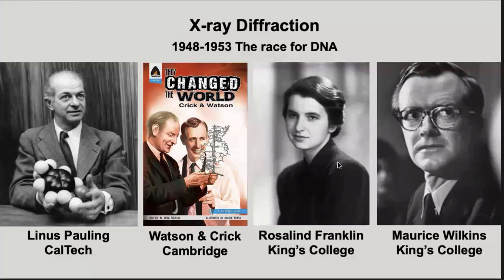And then, without Rosalind Franklin's knowledge, Maurice Wilkins gave a copy of her X-ray data to Watson and Crick. And the story or the rumor is that she did not want to give it to them because she didn't like them. She thought they were cocky and brash and obnoxious and didn't want to share her data with them. But Maurice Wilkins kind of did it behind her back.